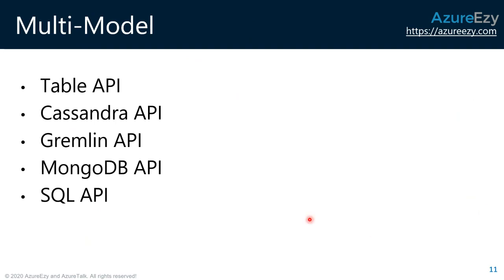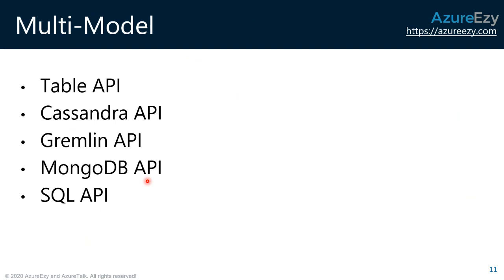Now, if you are wondering how to choose the correct API, or it seems confusing, let me make it very simple for you. If you have your existing application in Mongo, Cassandra, Table, or Gremlin, you can choose the respective API. It's as simple as that.